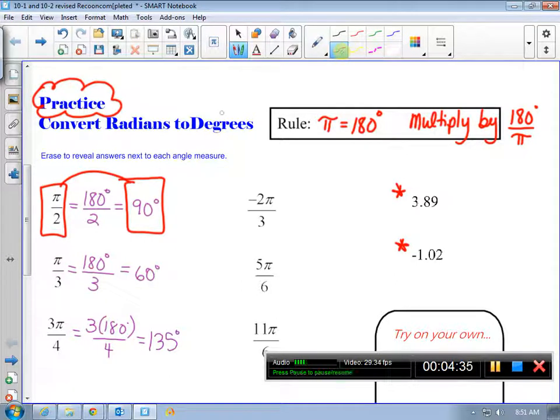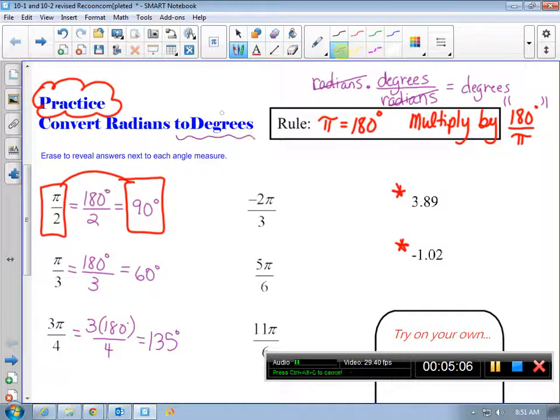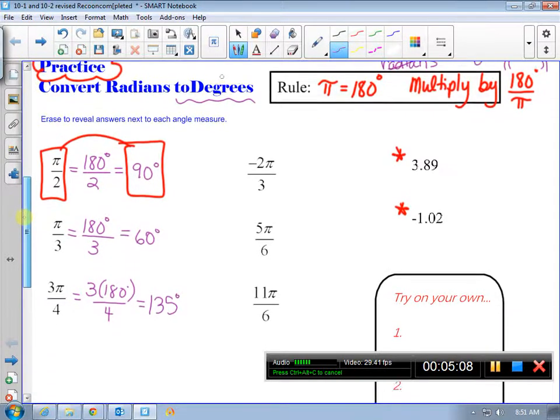You're given radians, and you multiply by your degrees, 180, over your radians, which is pi. This is really 1 in disguise. The radians unit reduces out, and you're left with degrees. That makes sense when we're converting to degrees. So let's try that method for the rest of these.